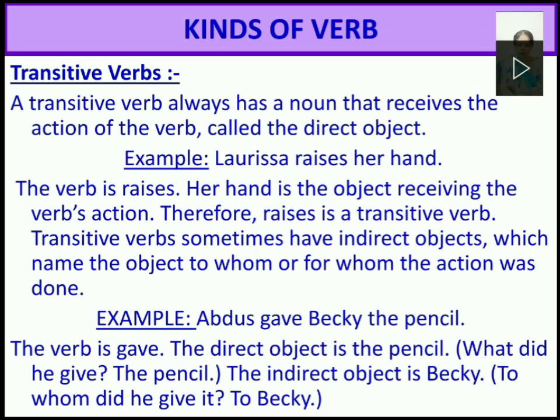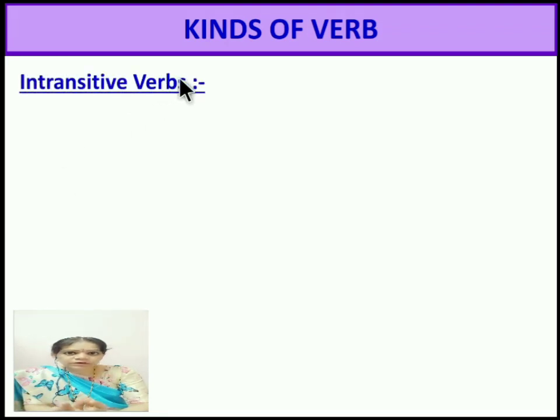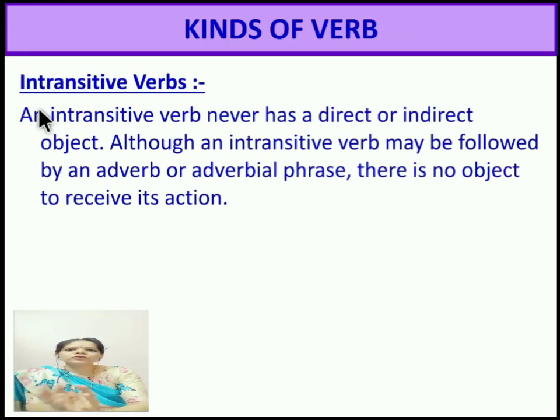Let's first talk about the intransitive verb. The verb itself, a word itself, indicates that there is no transition, no passing on of the action to the object. That is, the action is done, but the effect of the action is not received by the object over here. The object remains the same, or maybe the object is actually not required.